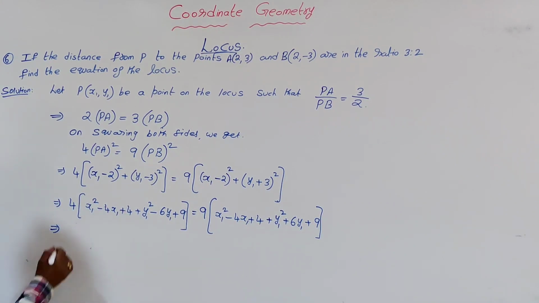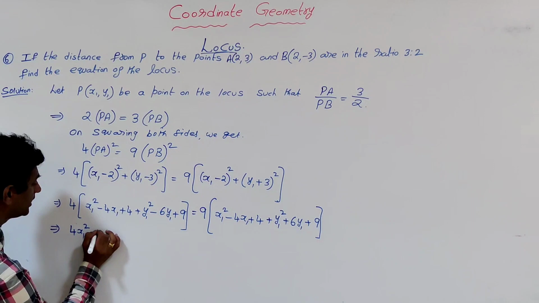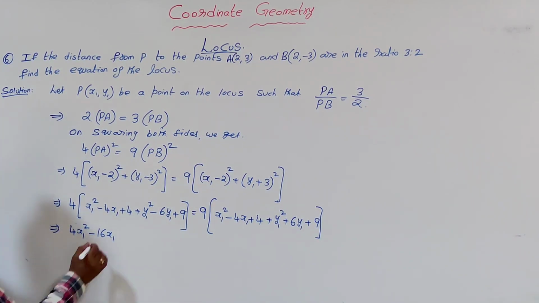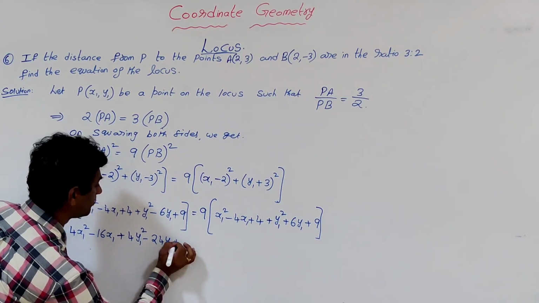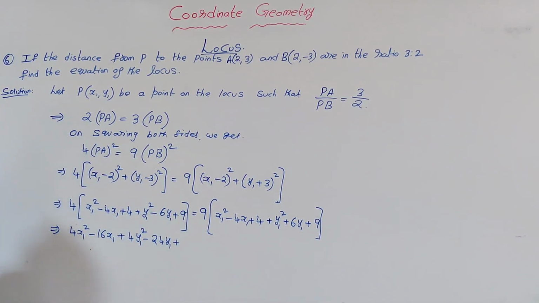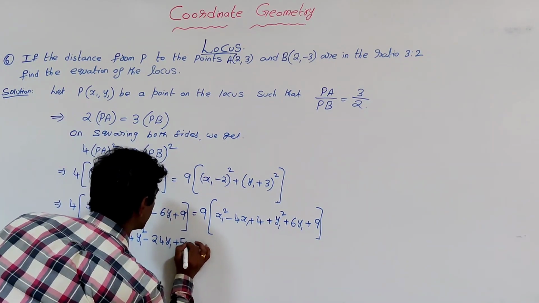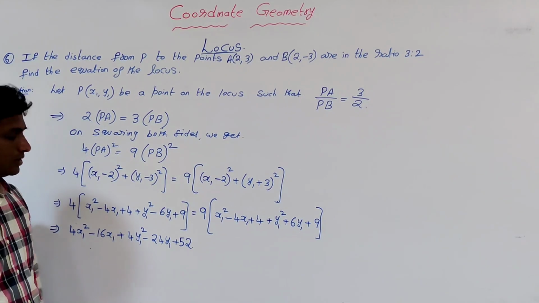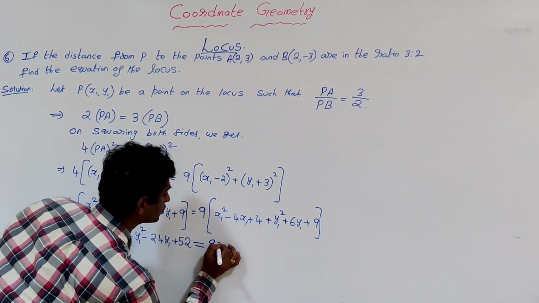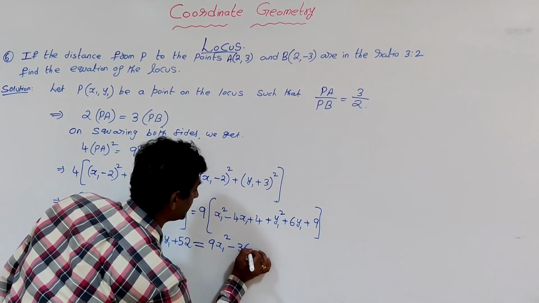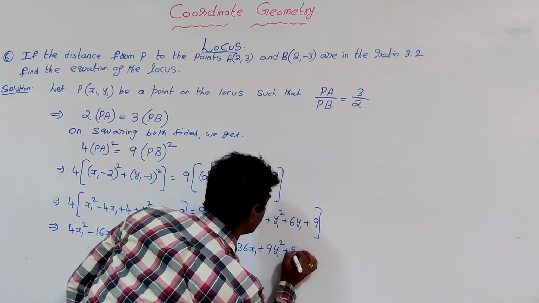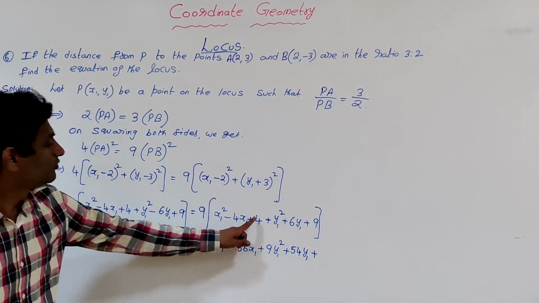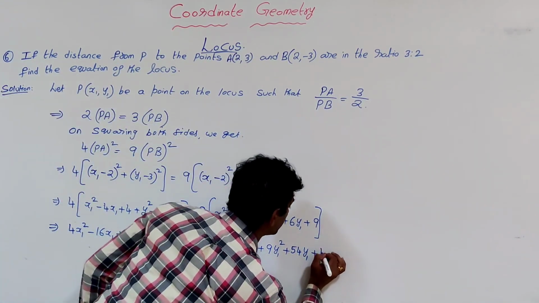And so go for the multiplication. 4x1 square minus 16x1 plus 4y1 square minus 24y1 plus 4 plus 9, 13, 13 into 4, 52, is equal to 9x1 square minus 36x1 plus 9y1 square plus 54y1 plus 4 plus 9, 13. 13 into 9, it is 117.